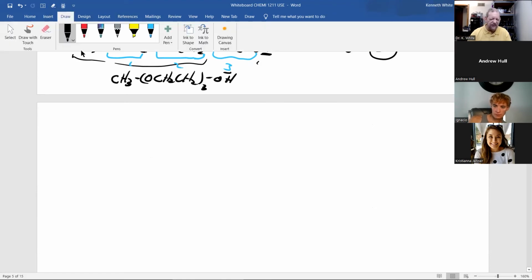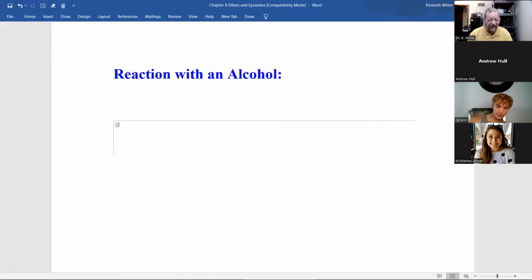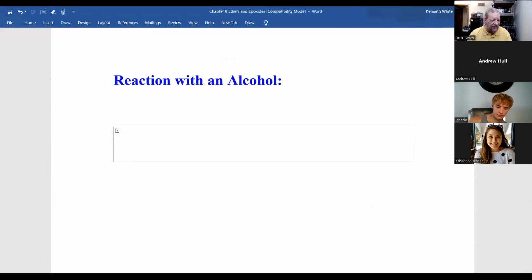And this new reaction, which I have on the slide, and I'll rewrite on my whiteboard, switches on. Uh-oh. Hang in there. I got to close things.